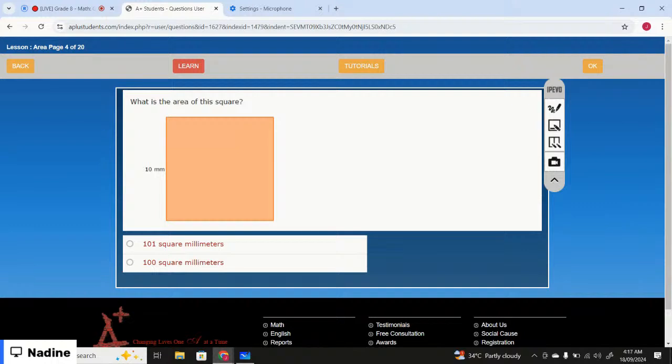What is the area of this square, which is the correct option? That is 100 square millimeters.